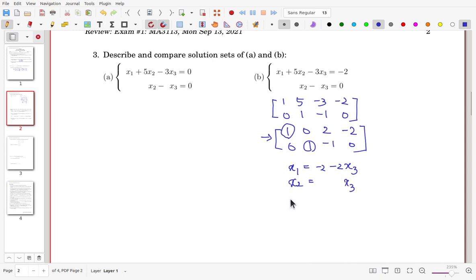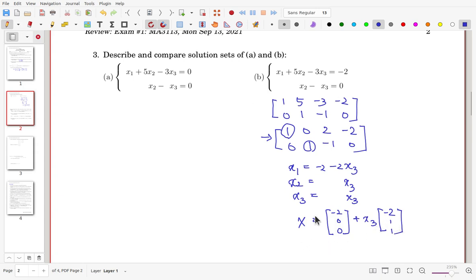Now x3 is a free variable, so we put here x3 equals x3. On the left-hand side, we put x to indicate these 3 components, and on the right side, that is -2, 0, 0, plus x3 times the direction -2, 1, 1.